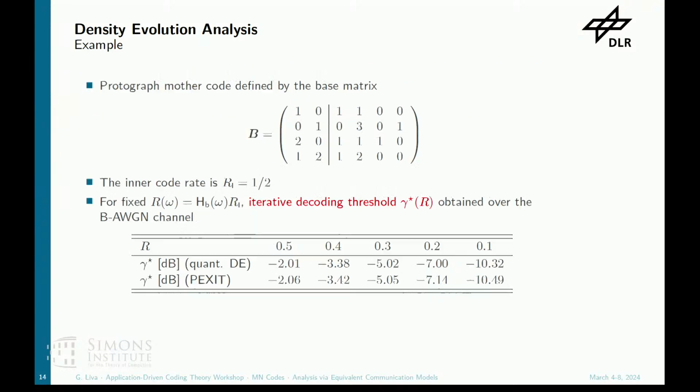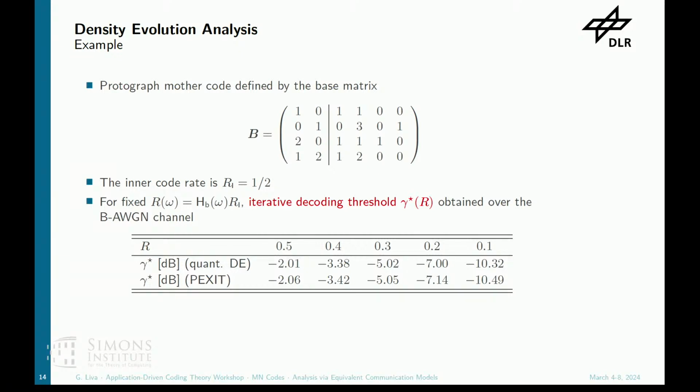And for example, what we can do is to optimize the construction of our protograph, so our base matrices, by looking at the iterative decoding threshold. We have done that using both quantized density evolution as well as EXIT charts.